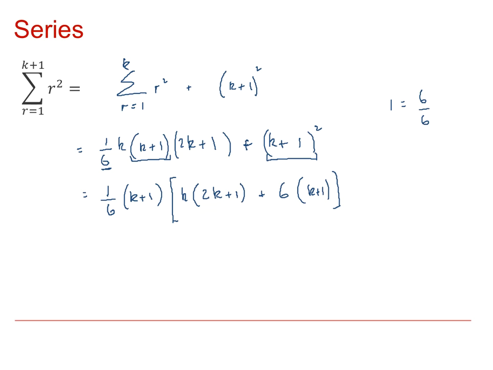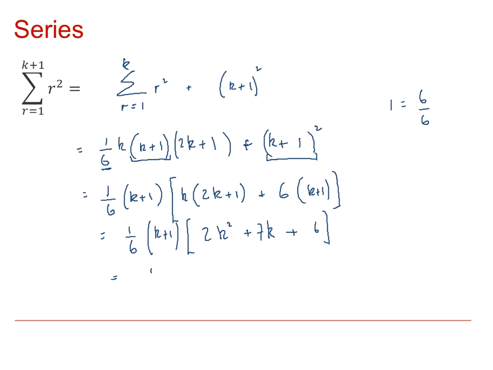If you multiply out that square bracket, you get 1/6 k plus 1, and then in the square bracket we've got 2k squared, plus a total of k plus 6k, which is 7k, and then plus 6.